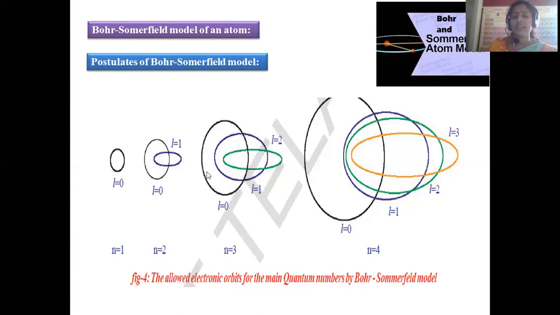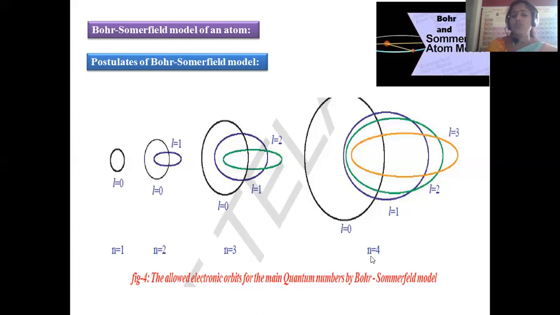The 3s orbital is spherical. l is equal to 1 is an elliptical shape, and l is equal to 2 is still elliptical. That means the sphere is still enlarged, and an elliptoid or elliptical shape is represented here.